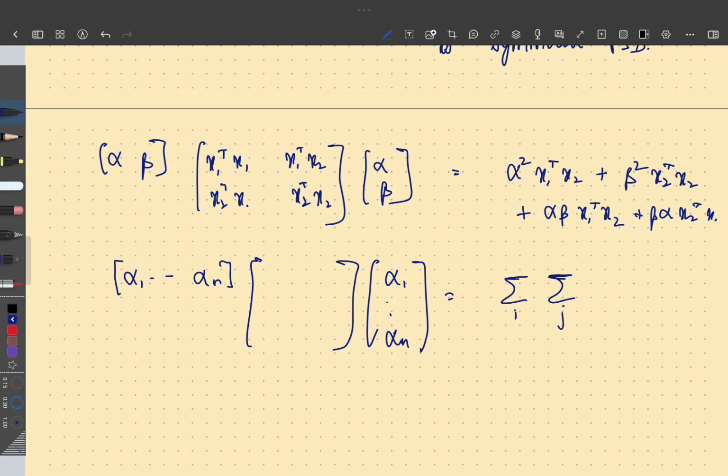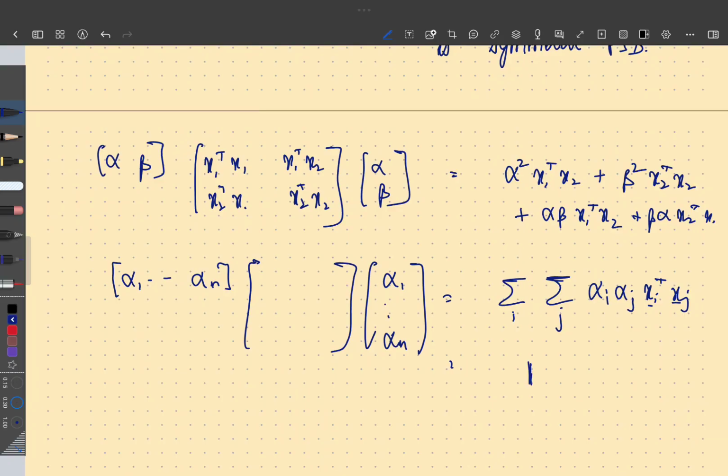It will be a double summation over i and j, alpha i alpha j xi transpose xj, which is the same as the summation over i of alpha i xi, transposed, times the summation over j of alpha j xj.